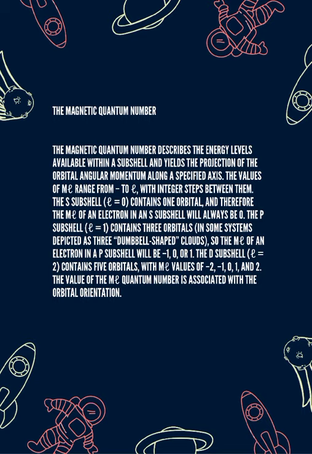The d subshell, l equals 2, contains 5 orbitals with m_l values of negative 2, negative 1, 0, 1, and 2. The value of the m_l quantum number is associated with the orbital orientation.